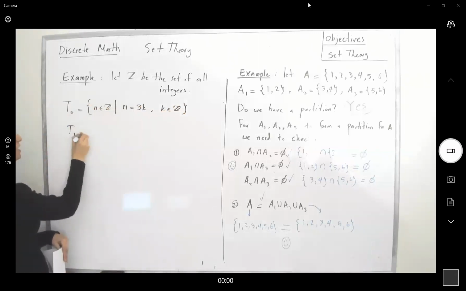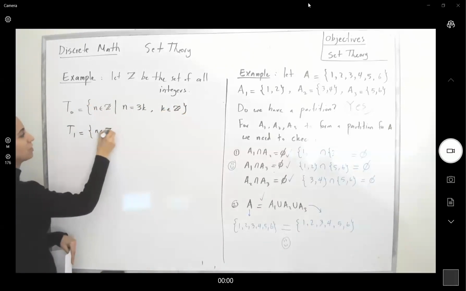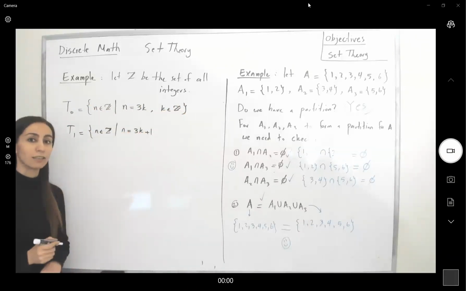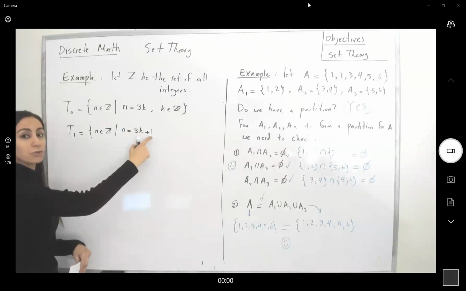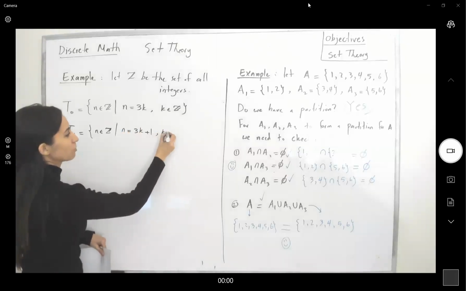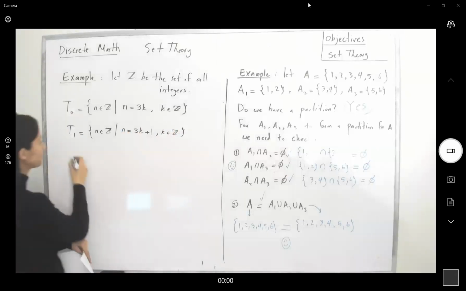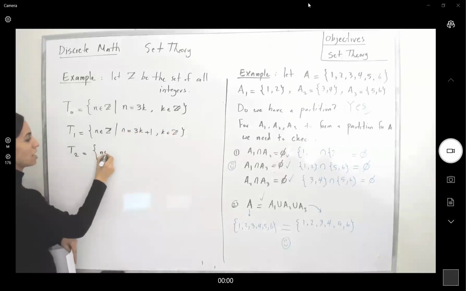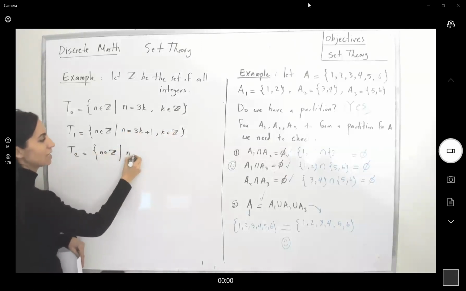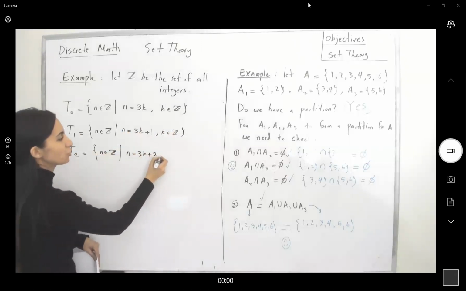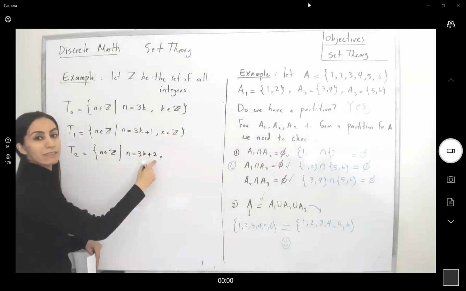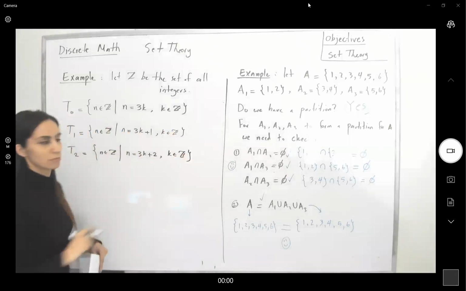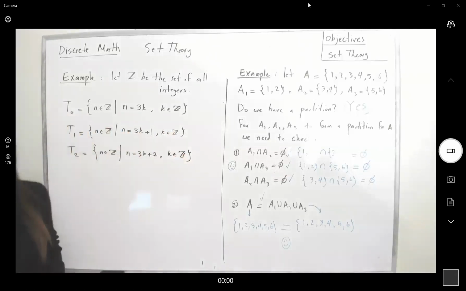T sub 1 is the set of all integers such that n is equal to 3k plus 1. The remainder is equal to 1 for some integer k. T sub 2 is the set of all integers such that n is 3k plus 2. The remainder is equal to 2. k belongs to Z. Do we have a partition?